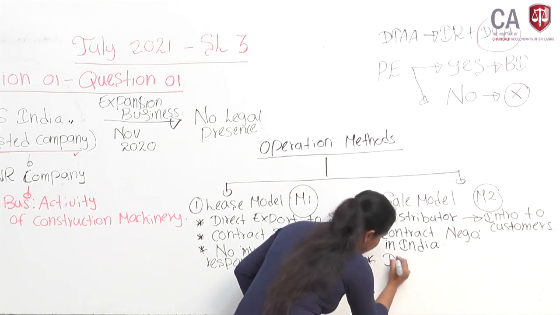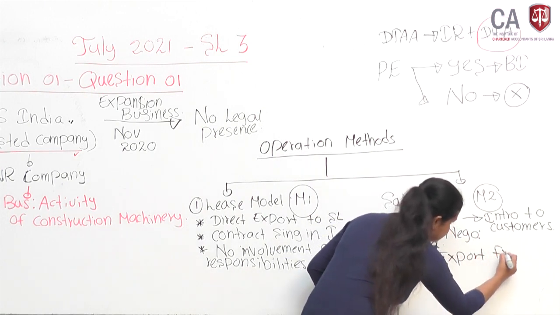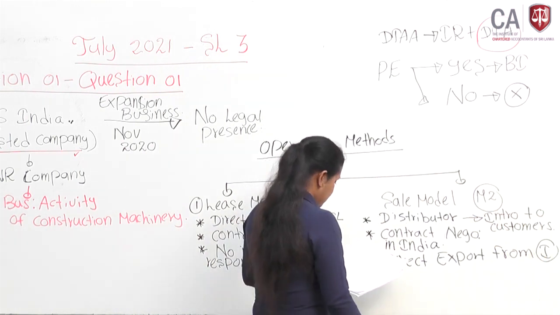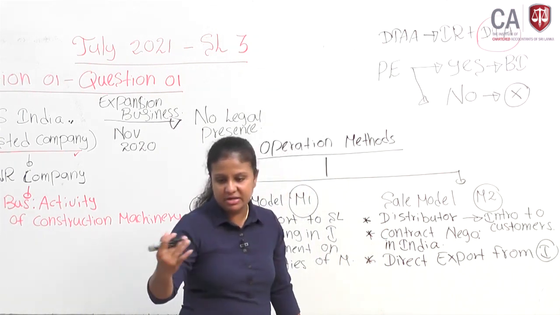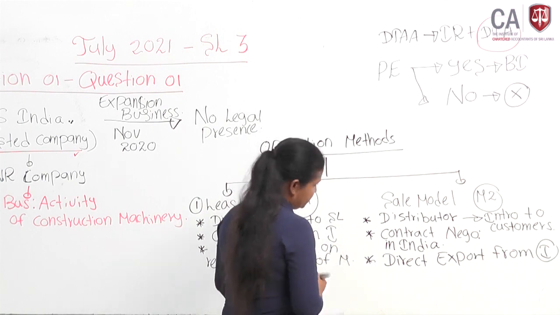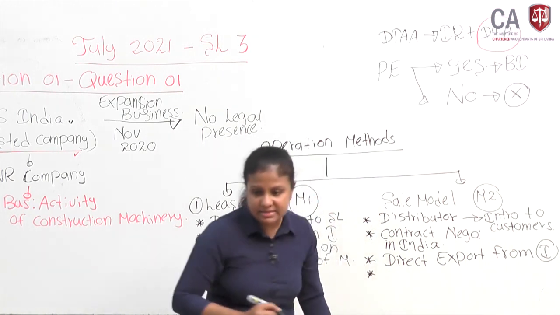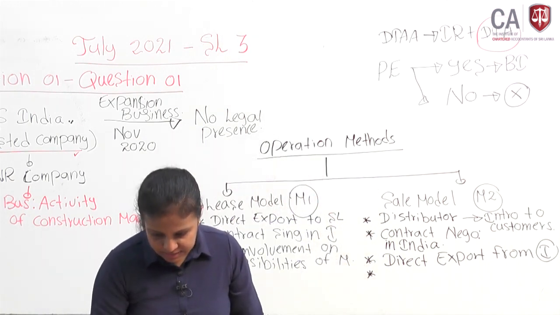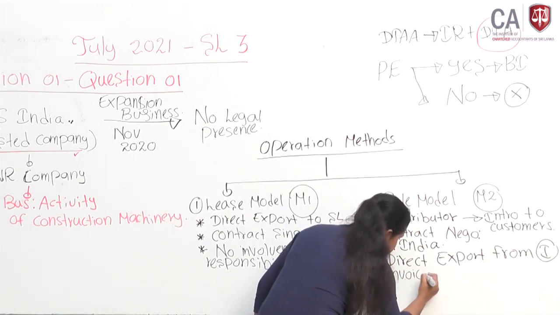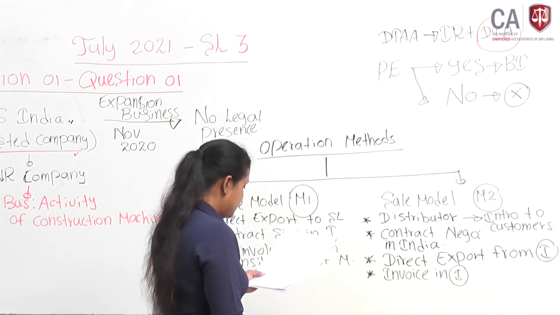Direct export from India, like the previous model. And there is the profit arrangement, and transaction happens in India, the invoice is in India. The invoice is done by India. These are the features of the second model.